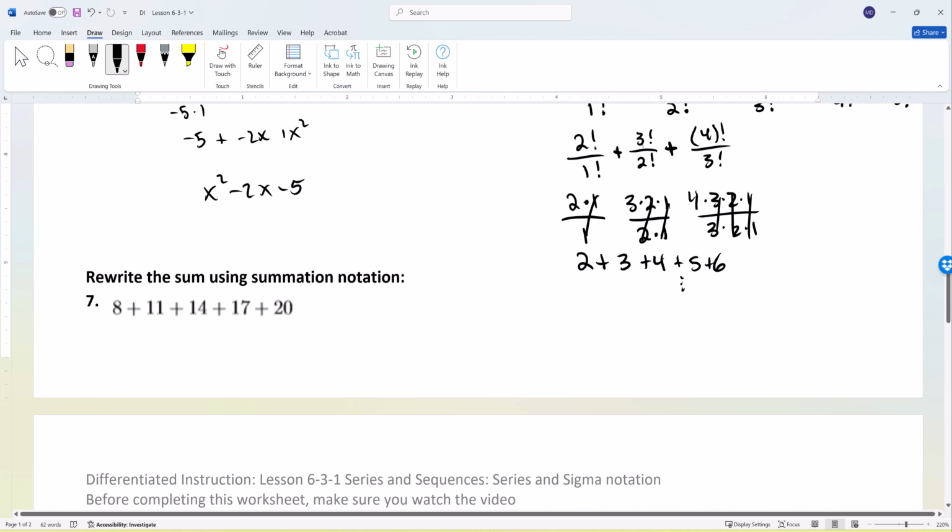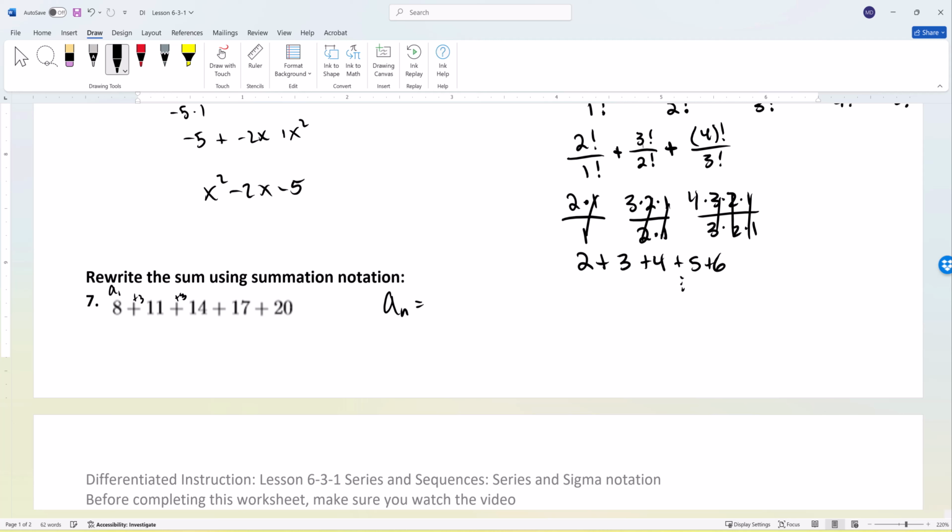So rewriting this as a summation, we need to know what kind of sequence it is. So I could say that this is my a sub 1, or my first term. And so it looks like it's going up by 3 every single time, so I know it's arithmetic. So a sub n equals my first term plus n minus 1 times my common difference 3. So now if I want to start it at 1, right? So if I plugged in 1 here, I'm going to get 8.